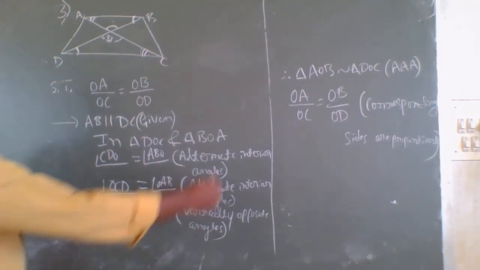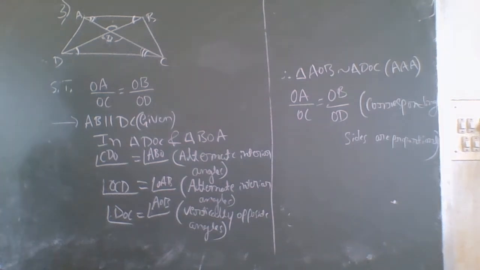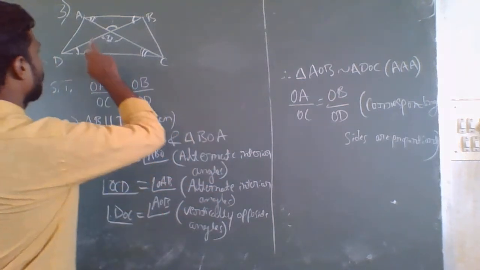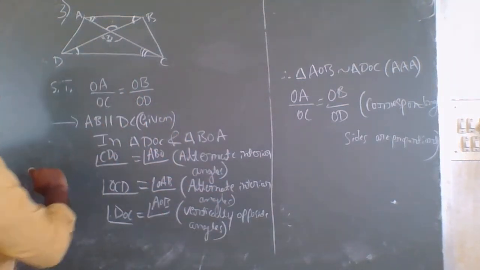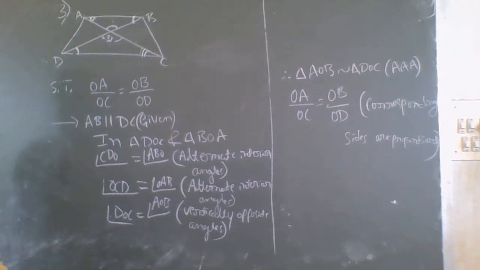If these two triangles are similar, then we know that corresponding sides are proportional in similar triangles. Therefore, OA by OC is equal to OB by OD. This is the third problem. Now I will move to the fourth one.